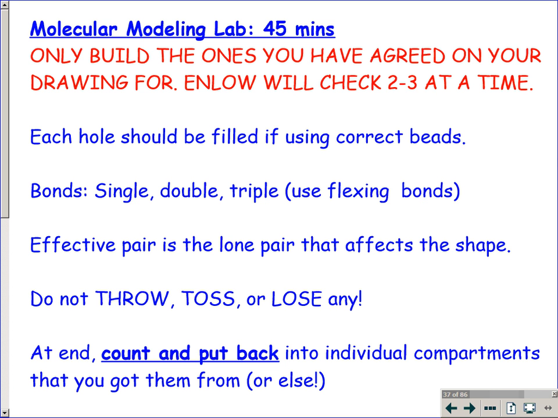You guys should be wrapping up probably in the next 10 minutes. You still need to build all of the structures. That would be.